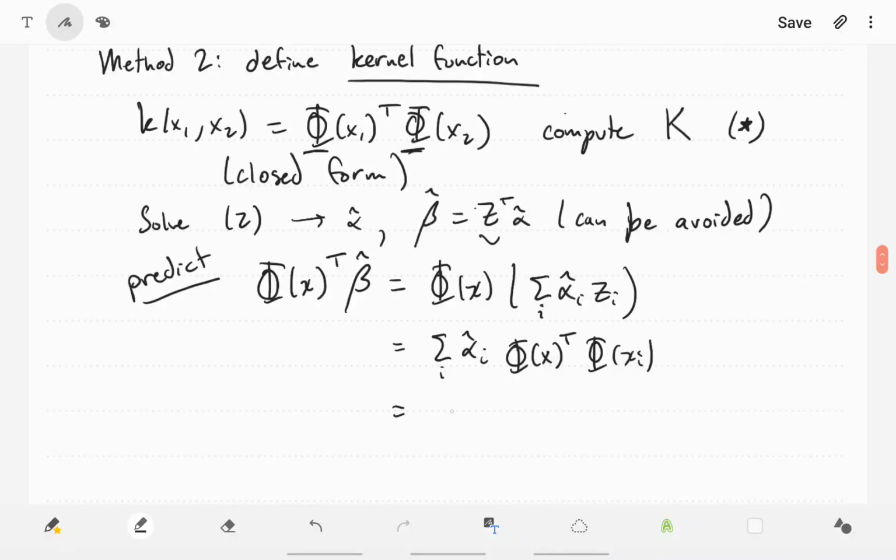So that's equal to the sum over i of alpha hat_i times this K between x and x_i. And so we can do predict also. We can evaluate our decision function if we just have access to the kernel function. We don't actually need to construct the Z's again, and we don't actually need beta hat to do this. We just need the alphas and a way to evaluate our kernel function. So everything here can be done just through evaluation of the kernel function.